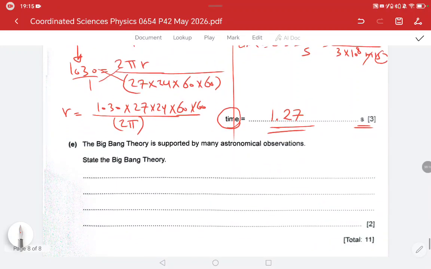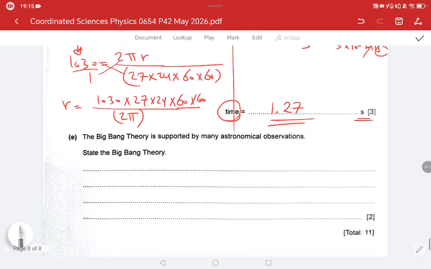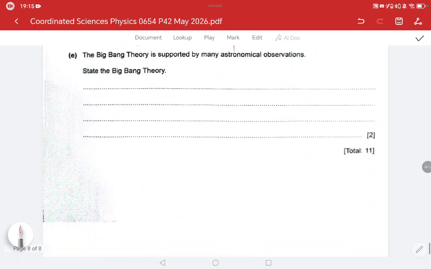Next one, they think this is the last one. Okay, the Big Bang Theory. We need to talk about it. State the Big Bang Theory, 2 points, so at least you have to write 2 statements about it. As we mentioned in the previous revision video before the exam, the universe began from an extremely small, hot, dense point and has been expanding ever since.